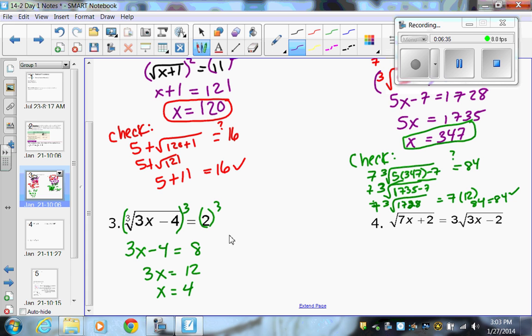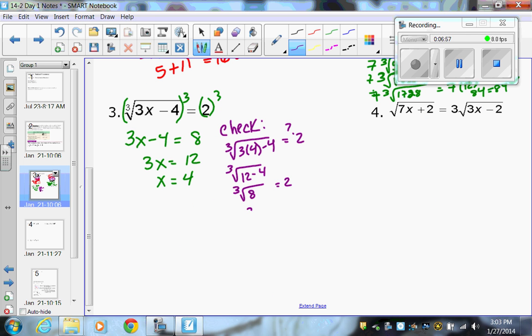And if we check it, we have the cubic root of 3 times 4 minus 4. Does that equal 2? The cubic root of 12 minus 4 is the cubic root of 8. And the cubic root of 8 is 2, so 2 does equal 2.